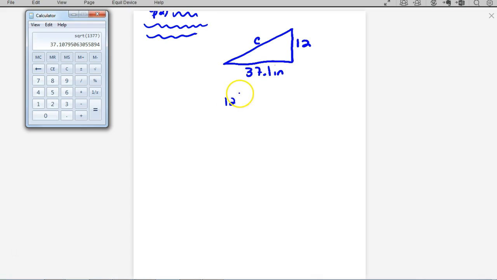So we have 12 squared plus, and actually I'm going to change that back to the square root of 1377 instead of 37.1 squared, because I can write it either way, but this will be easier to square, equals C squared. So that gives me 144 plus, the square root of a number squared is simply the number inside the radical, 1377. So add those together: 1377 plus 144 is 1521.